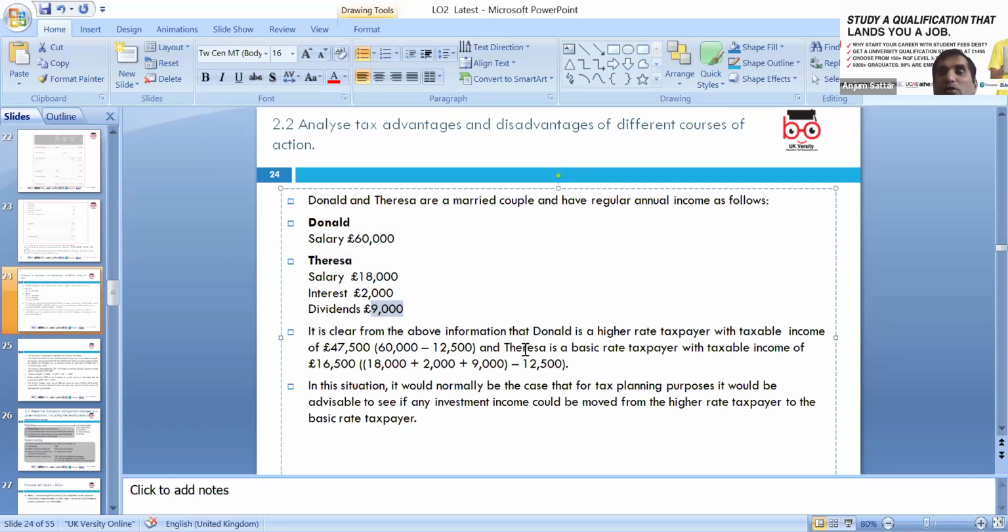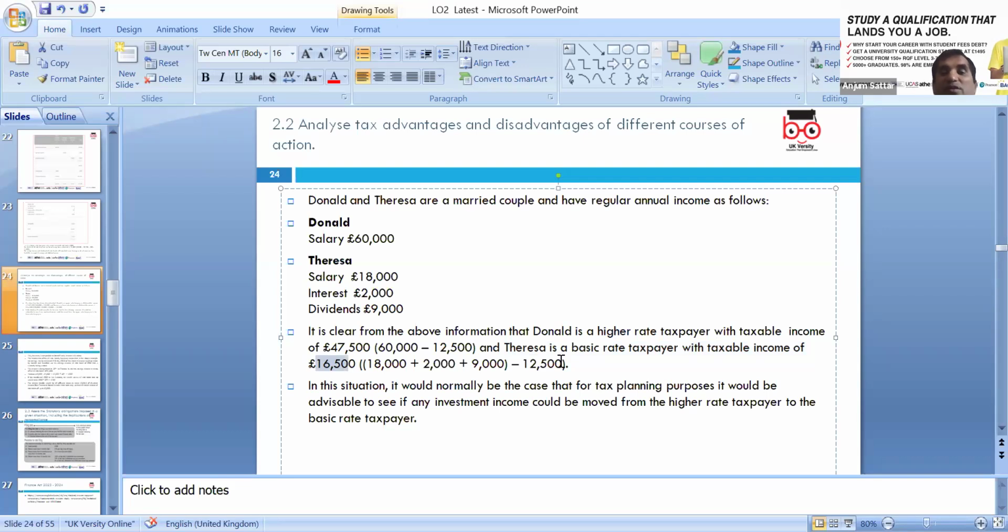So we can look at, in the case of the spouse, her income total is 16,500 after 12,500 allowance.